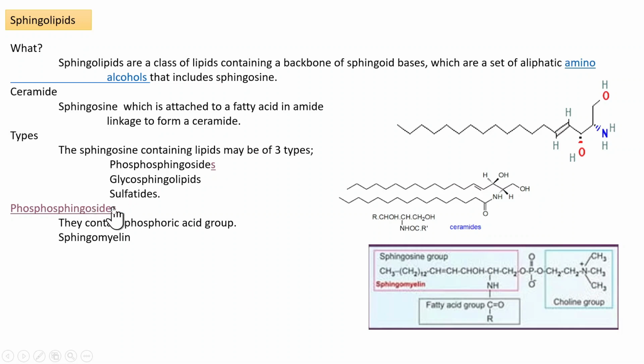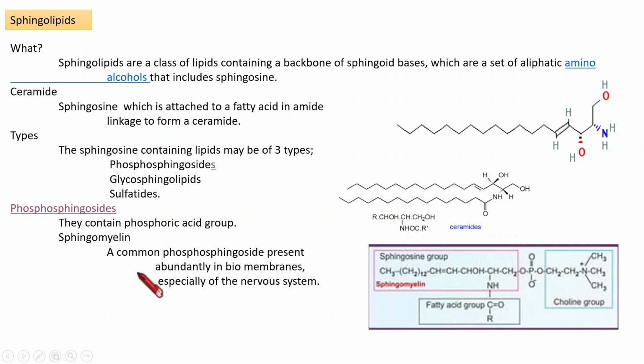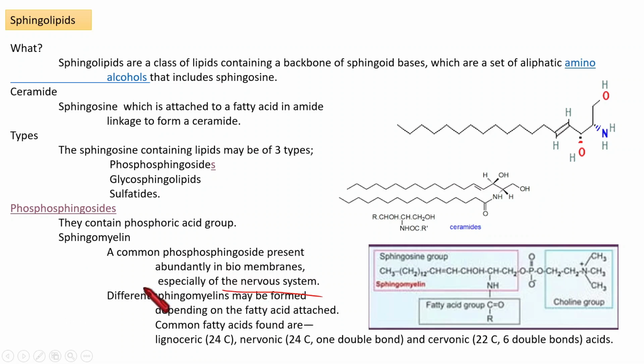A common type of phosphosphingoside is sphingomyelin. From the name itself, it is clear that it is present in the myelin sheath. It is a common phosphosphingoside present in biomembranes, especially the nervous system, and more specifically associated with the myelin sheath.